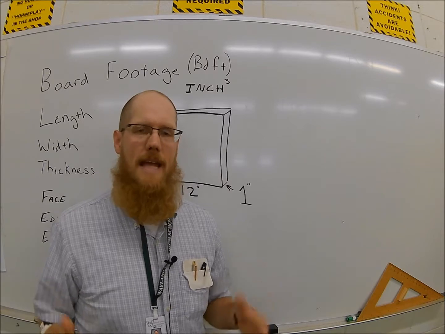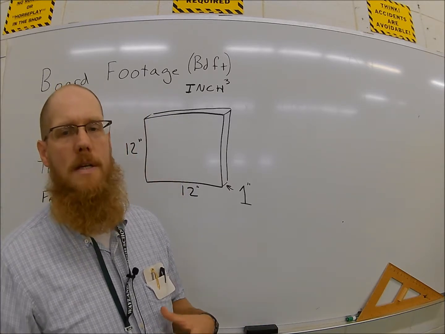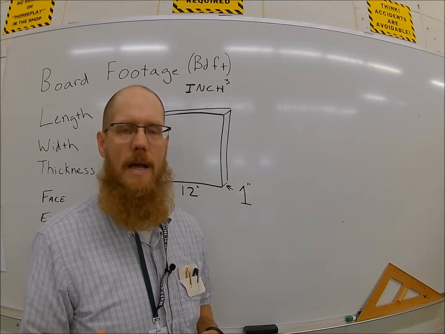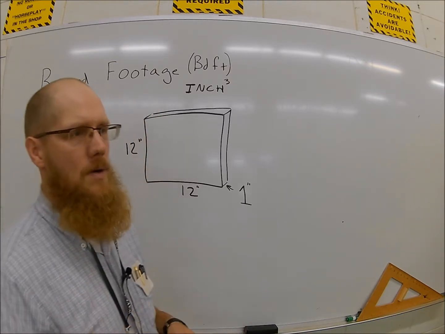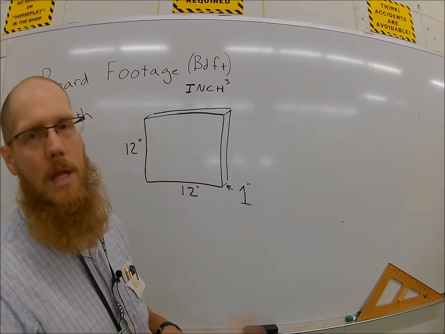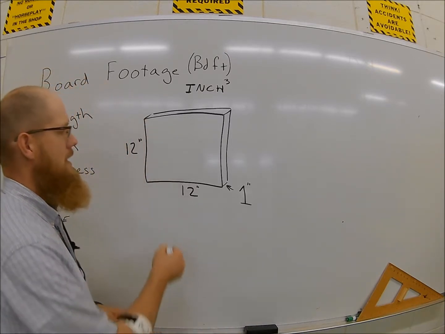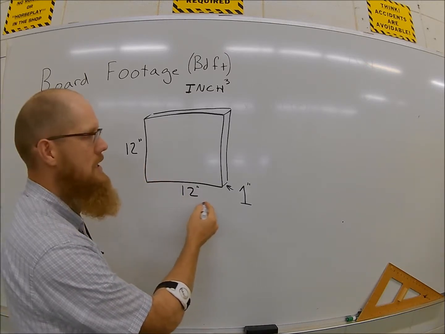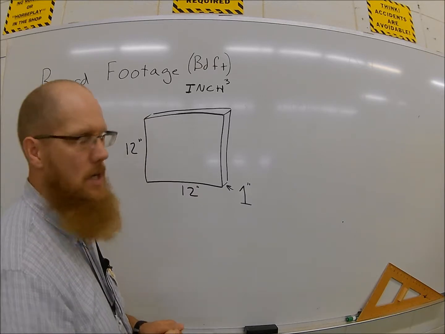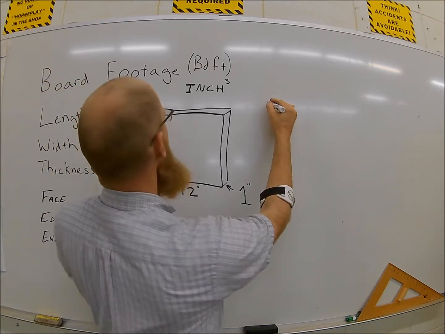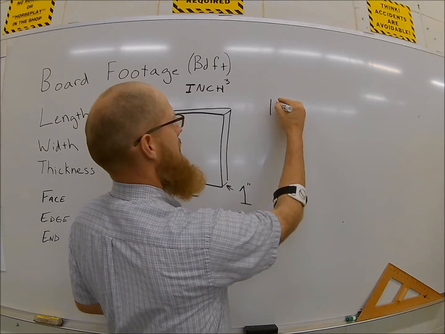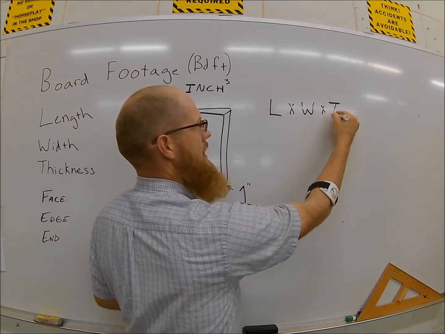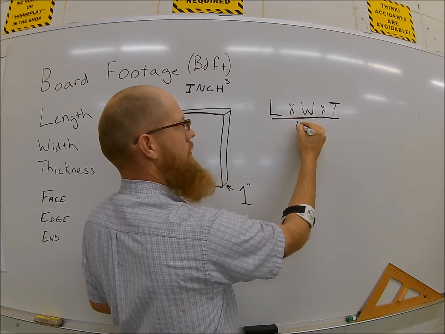So let's talk about the standard of what board footage is. The first thing we need to always figure out is what is the standard and how it's figured. So the standard for one board foot is going to be a board that is 12 inches by 12 inches by 1 inch thick. So if we do the math on that, length times width times thickness is all divided by 144.